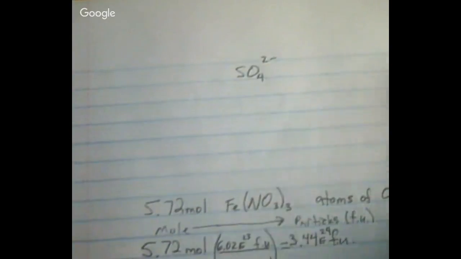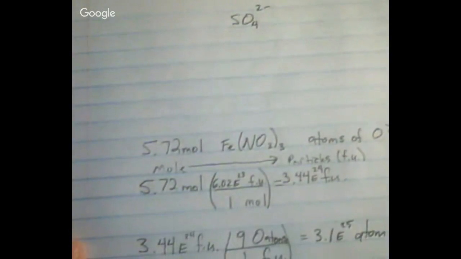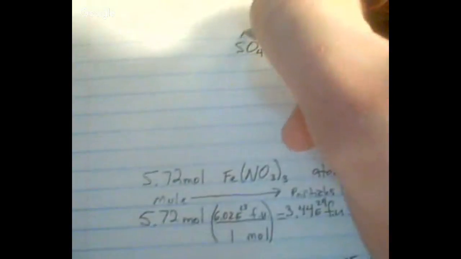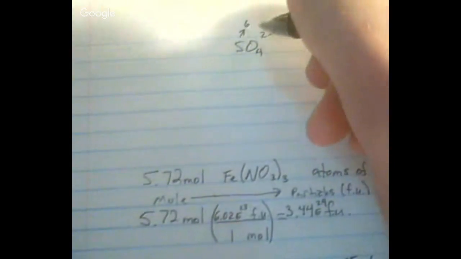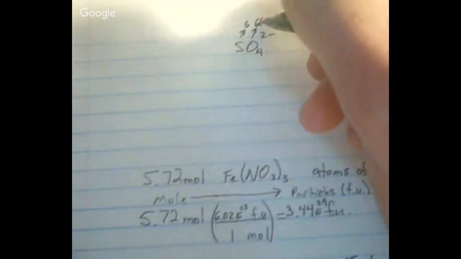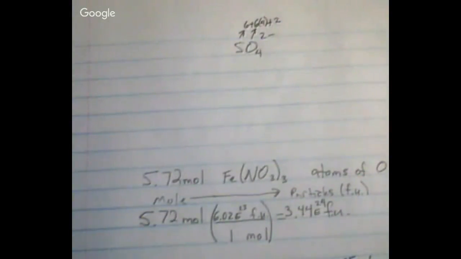So Lewis structure. We need some room. Let's count up electrons first. Can you guys see that? Sulfur has 6. There's one of them. Oxygen has 6. There's 4 of them. So we're going to add those together. And it is a 2 negative, so we're going to end up having 2 extra electrons.